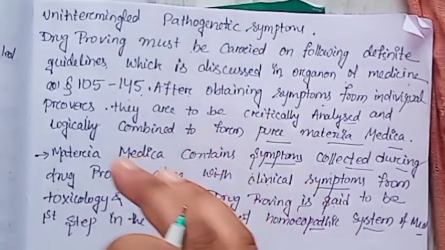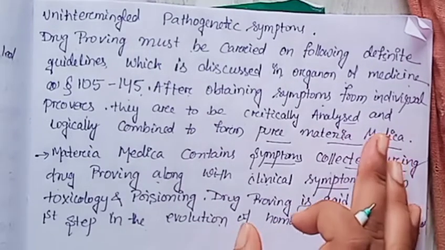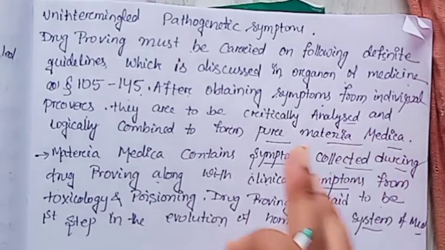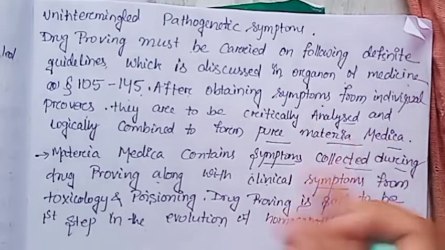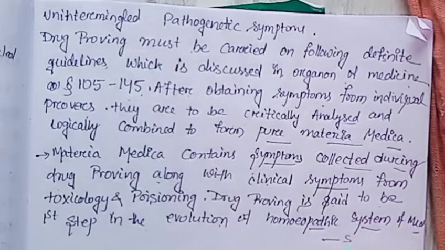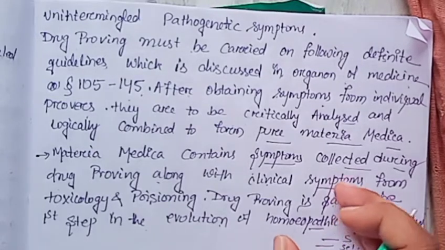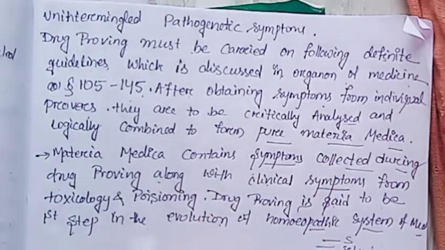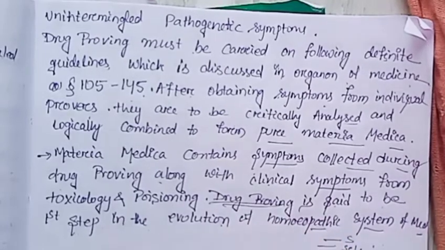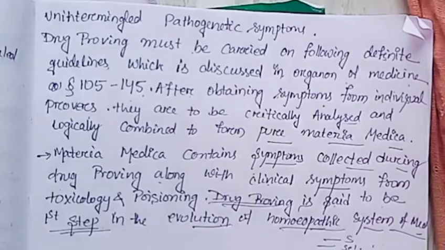In the early period it was not so systematically analyzed, but nowadays it is very much so, because there is sensitization, and then a selected drug is given to a selected, individualized prover. So it is a very systematic order. That's why drug proving is termed the first step of evolution of the homeopathic system of medicine.